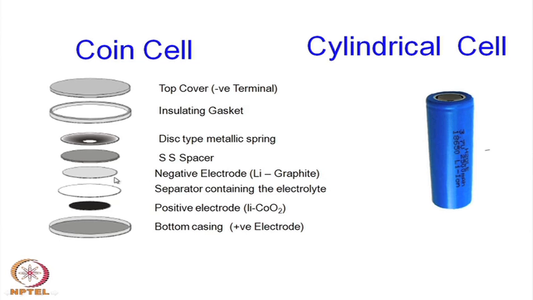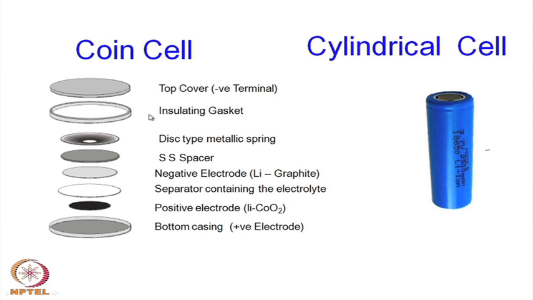In addition, one thing we should also mention, all these things are actually produced in powder form. Whether it is lithium graphite or lithium cobalt, both of them are prepared in powder form. So they are coated on some substrates.